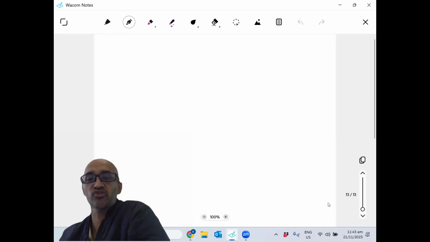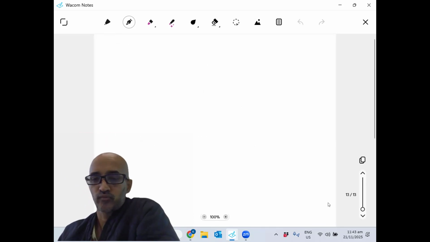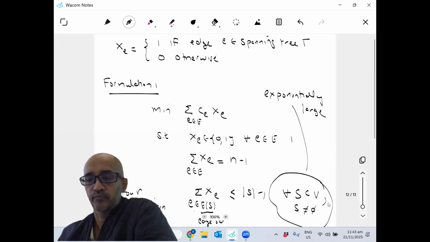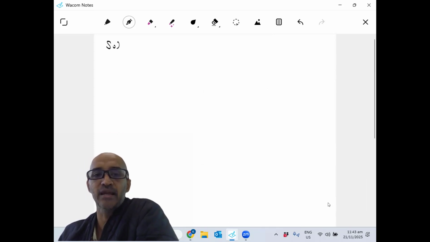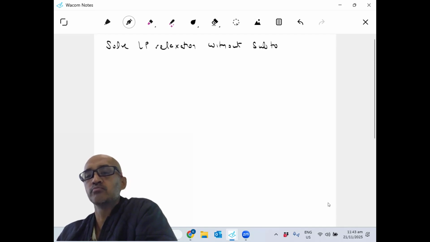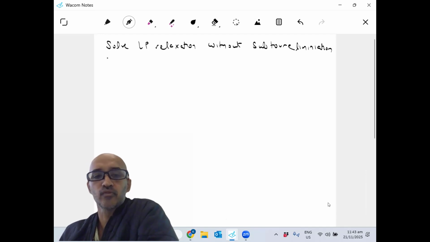So how you solve this is, let's say there are constraints, like solve the LP relaxation without subtour elimination constraints.